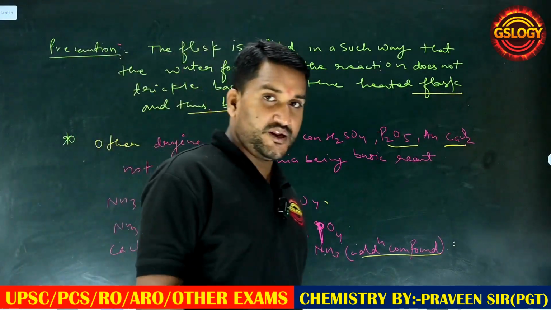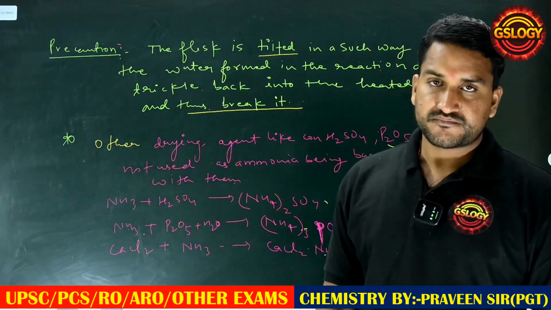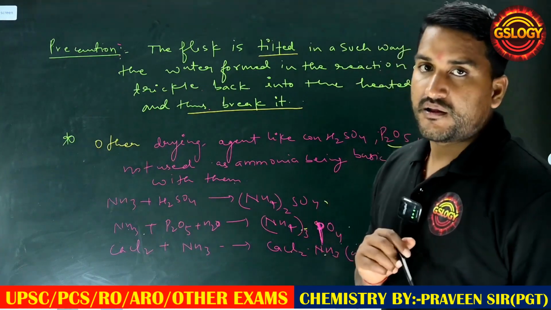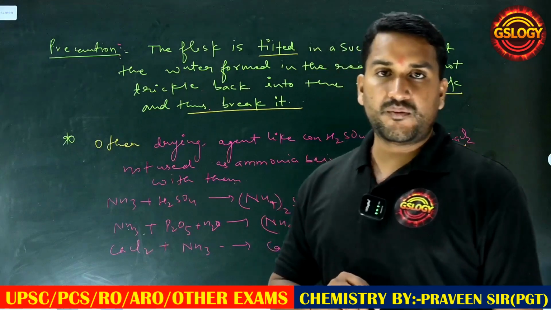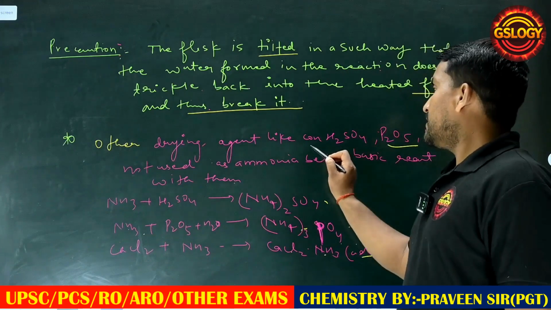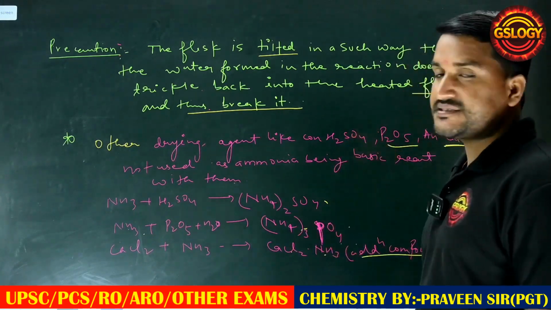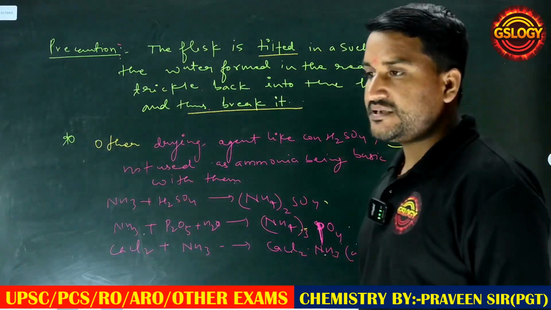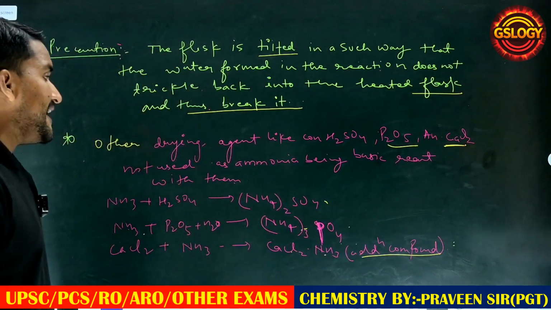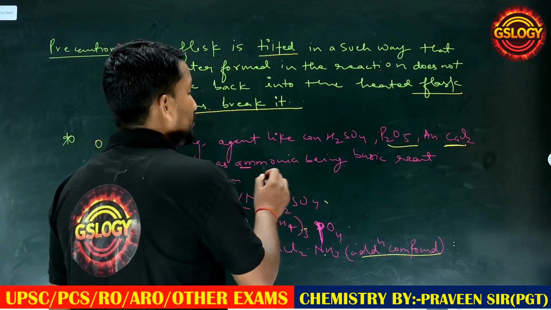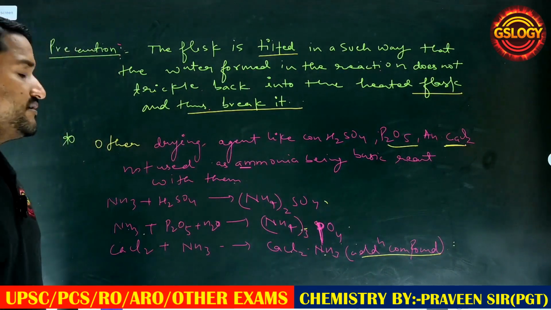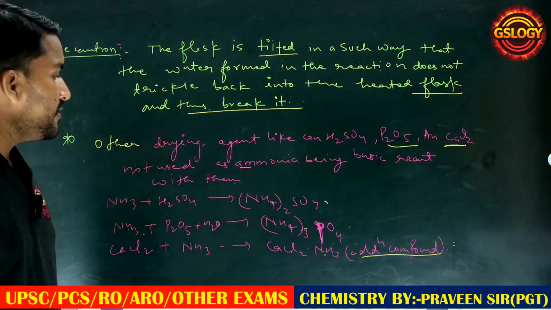In this process only calcium oxide is used as the drying agent for ammonia gas, not concentrated sulfuric acid, P2O5 and anhydrous calcium chloride, because all of them react with ammonia, which is basic in nature, and form products.